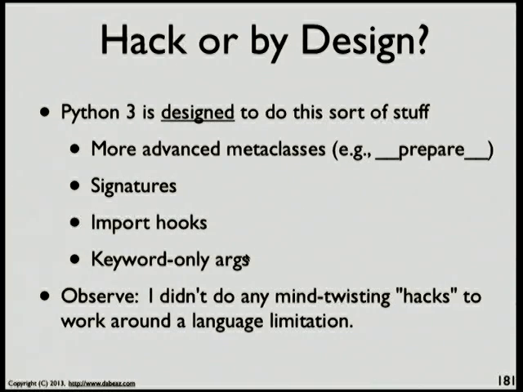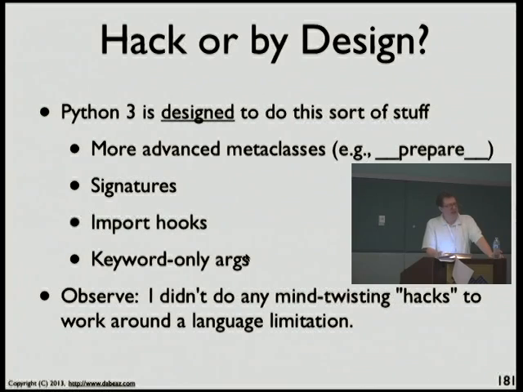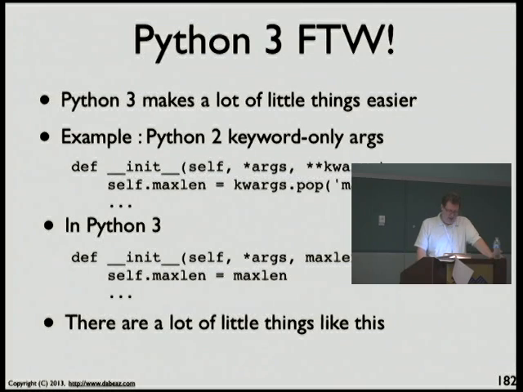It's not saying, well, I have to do this weird hack because Python's broken in this way. At least in my mind, I did not do what I would call workarounds in here. Admittedly, there are some advanced things, but a bunch of very interesting stuff.